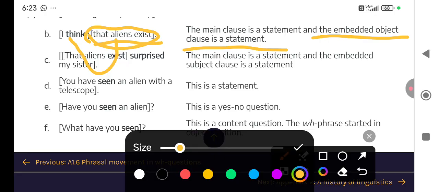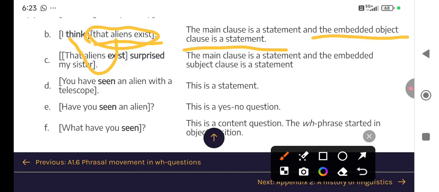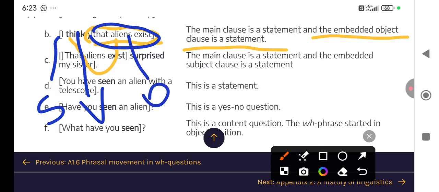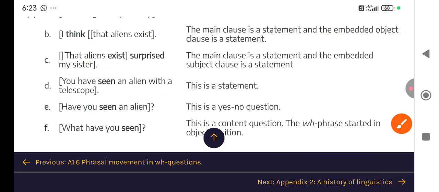In other words, this sentence can be analyzed this way: subject, then verb, then this whole part is the object. That is also a statement. Both the clauses are statements.